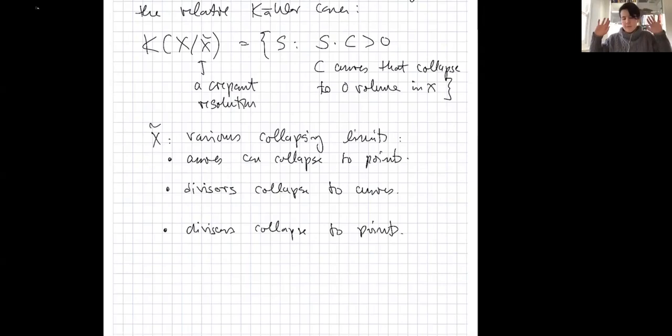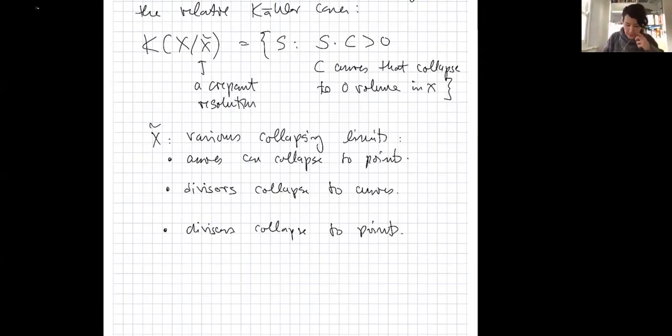If you have one of these X tilde resolved, and you're going now to particular points in their Kähler moduli, relative Kähler moduli space, there can be curves that collapse to points, like in the conifold. There can be divisors, for example a divisor that's a fibration P1 over P1, that can collapse to a P1, and then the divisor can also shrink to zero volume, like a P2 that's collapsed to zero volume.